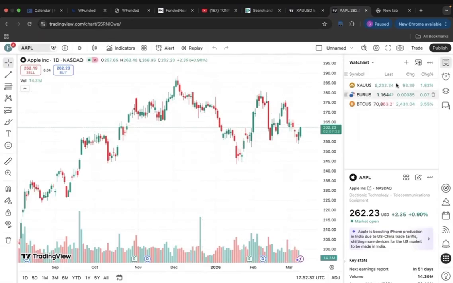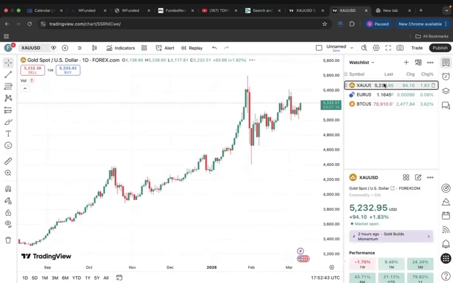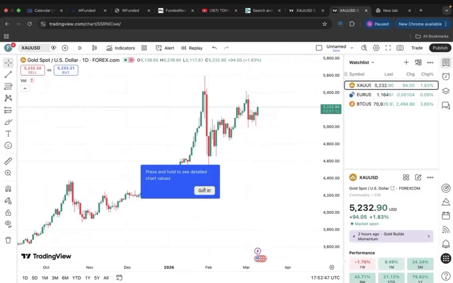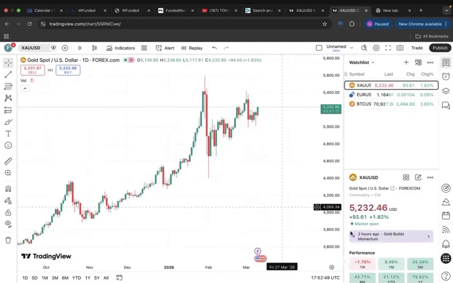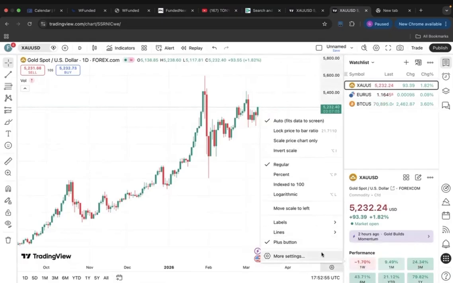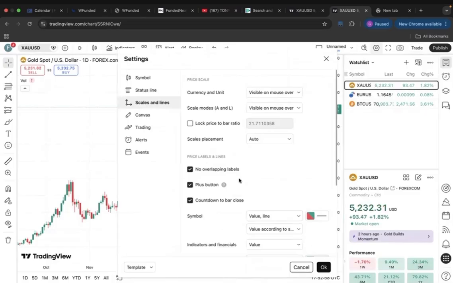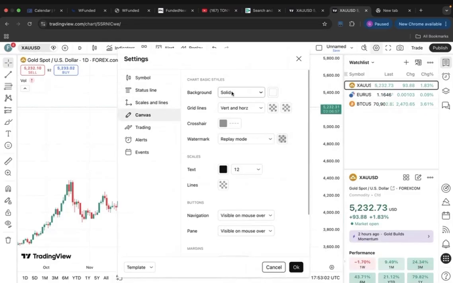Alright, so right now we're editing my charts to my own liking. You can play with yours too. So I'll just go to the settings. Then I go to Canvas. I can choose whatever color I want.